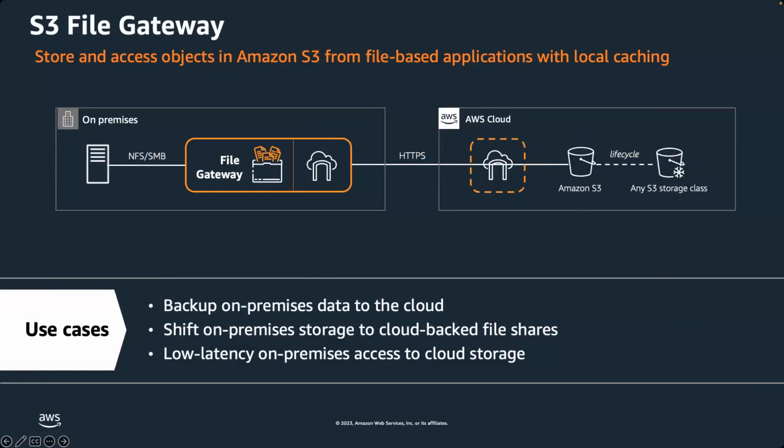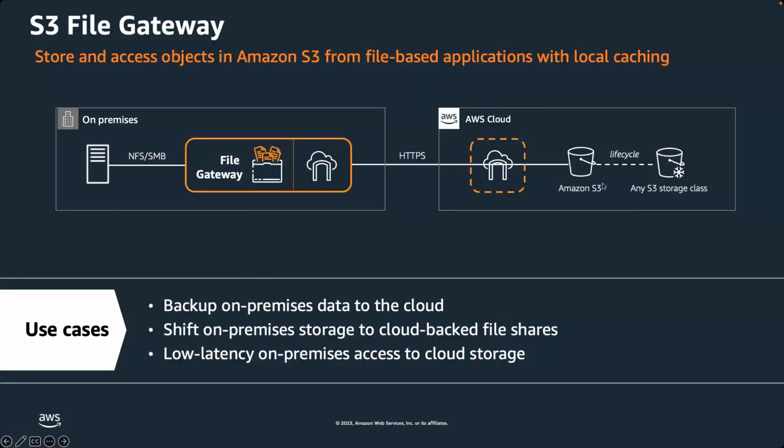In this case, you're storing your data in Amazon S3. So you can store and retrieve objects in Amazon S3 using industry standard file protocols. So you deploy the gateway in your on-premises environment as a virtual machine or as a hardware appliance. And you can also deploy it as a virtual machine on AWS.